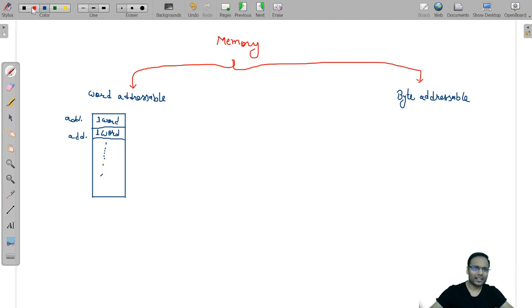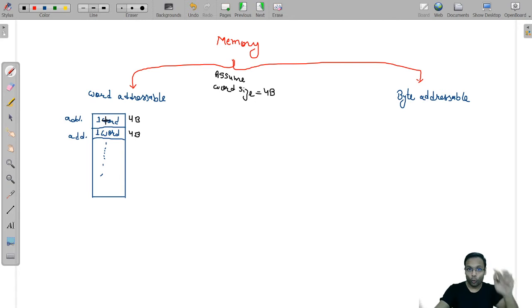Okay, let's take a very simple example. I'm just assuming word size is equal to 4 bytes. Then how many bytes are stored on a single address in the memory? Complete 4 bytes, and here also complete 4 bytes. Every address will have 4 bytes. Can you uniquely have an address for each and every byte?